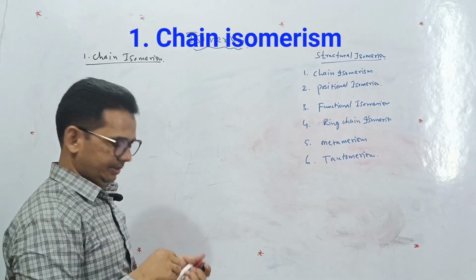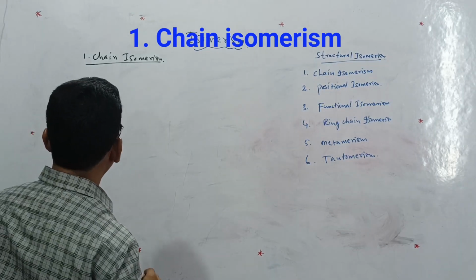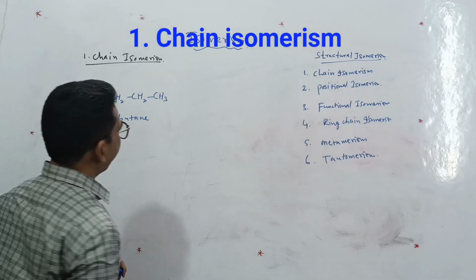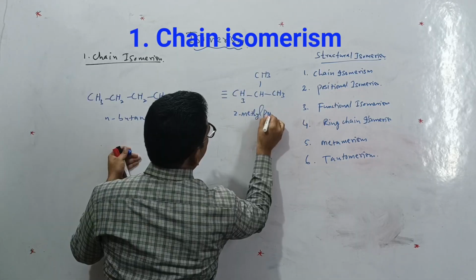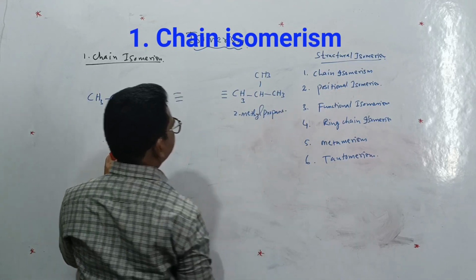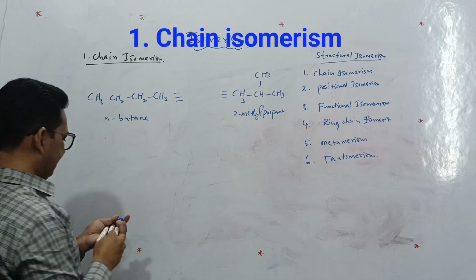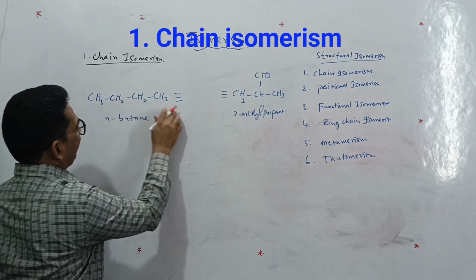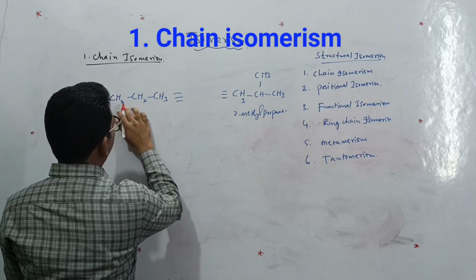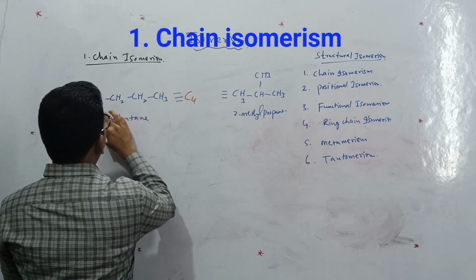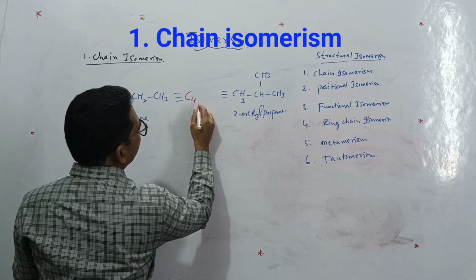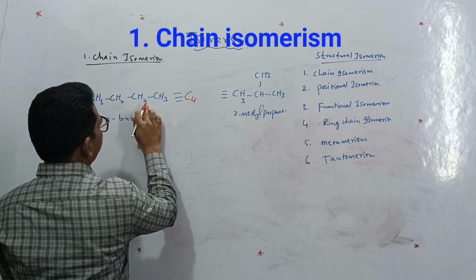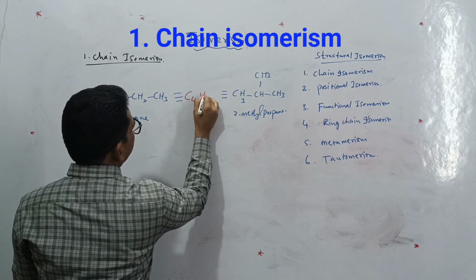The example I already gave while explaining the definition. The best example of chain isomerism is N-butane and 2-methyl propane. Both have the same chemical formula. 4 carbons: 1, 2, 3, 4. Hydrogens: 3, 4, 5, 6, 7, up to 10, so H10.